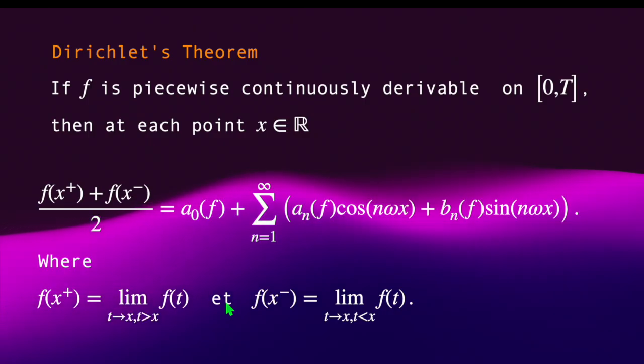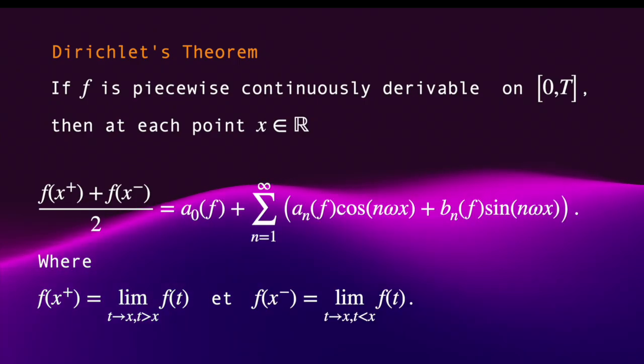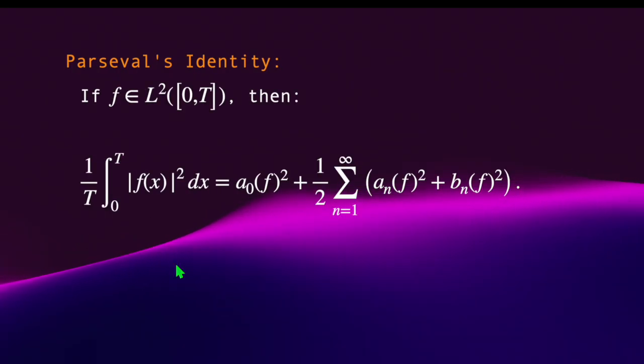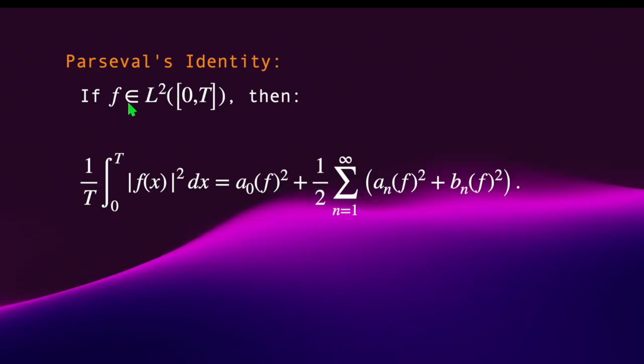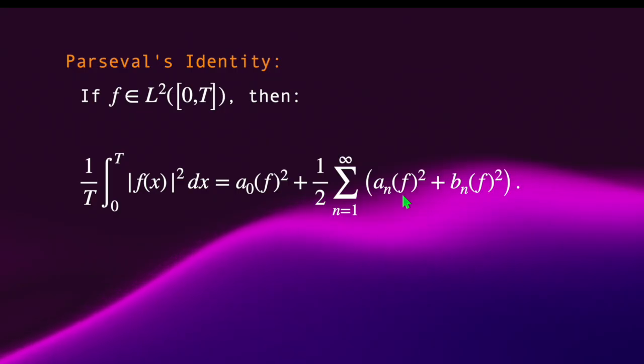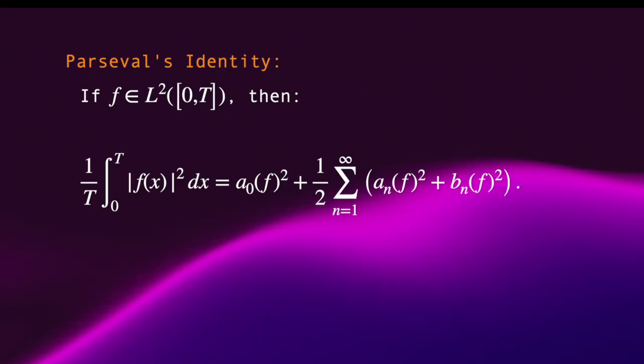The second important result of this theory is the Parseval identity, which gives a relation between the L2 norm of f and the L2 norm of its Fourier coefficients.